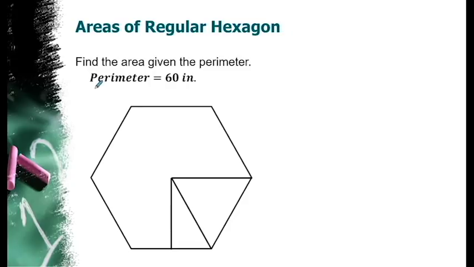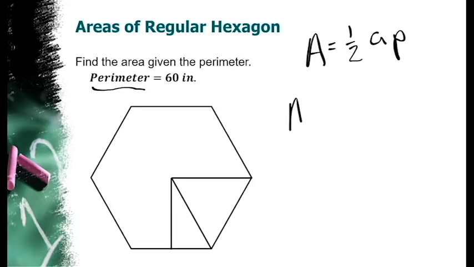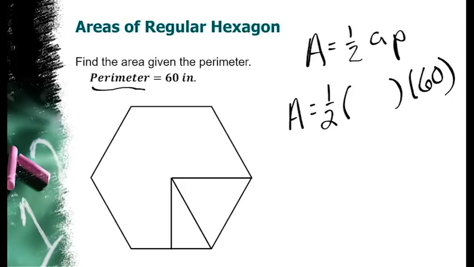So here's our first example. We're going to be given the perimeter of a regular hexagon, and we're going to find the area of it. So our formula, 1/2 the apothem times the perimeter, we already know one of the two pieces. We do not know the apothem yet, but we know the perimeter is 60 inches.